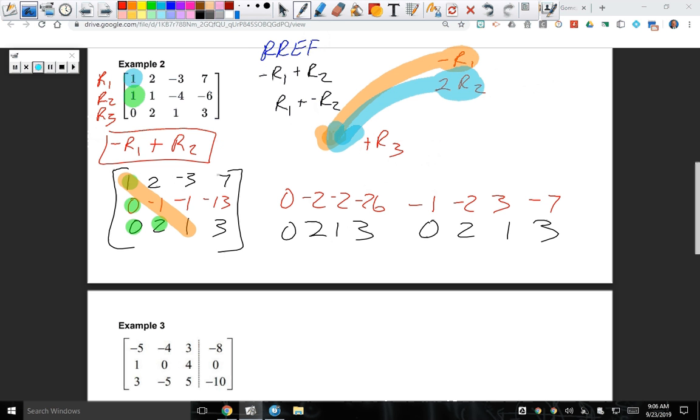So when I add these two together, this is a big O moment. Over here I'm going to get negative 1, 0 that I wanted, 4 and negative 4.